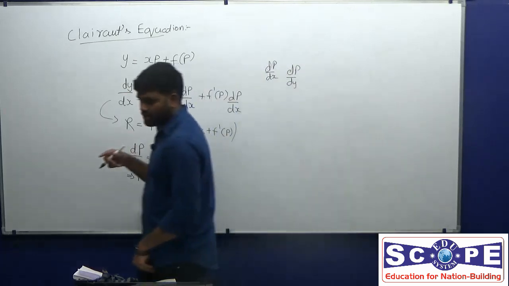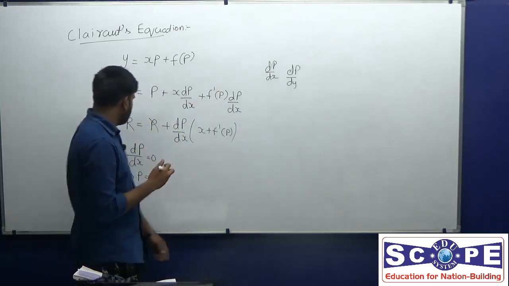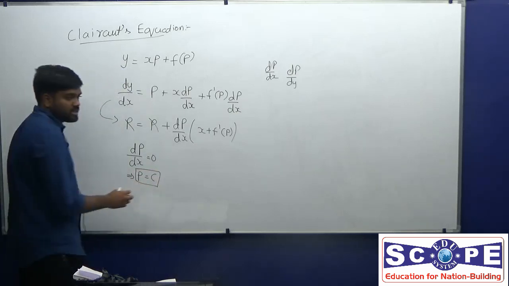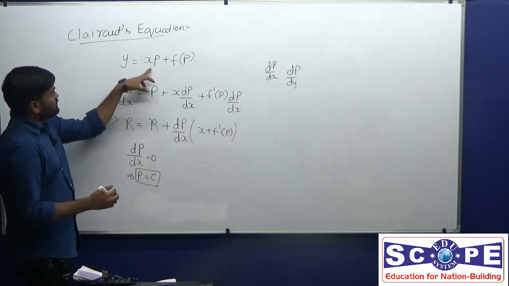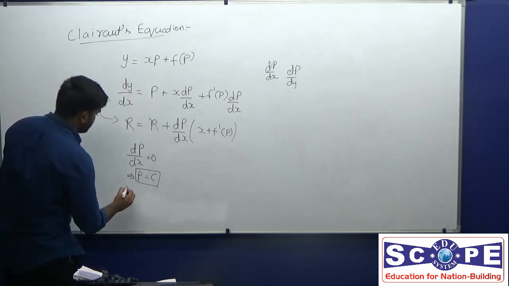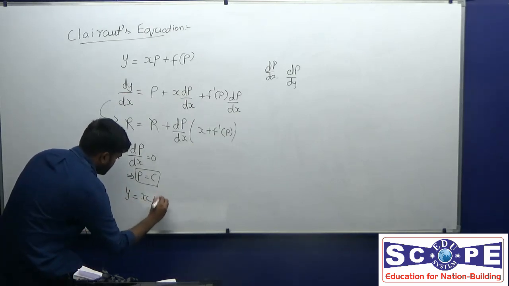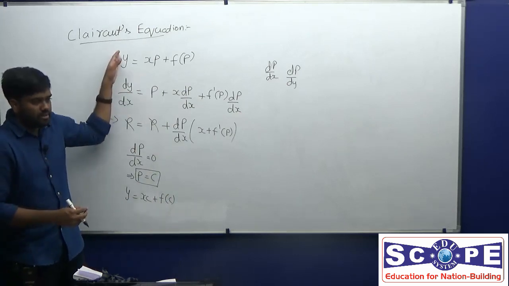There we ignored one factor because we will get a singular solution in that factor. So here what we get is p equals to some constant. So simply if you substitute p here, you will get y equals to, general solution would be xc plus f of c. That's it.